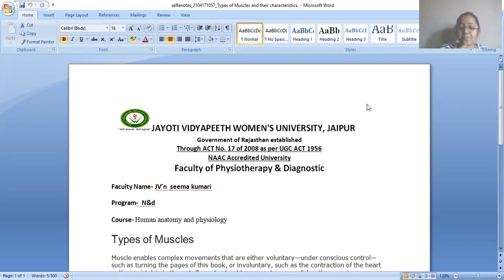Like I have said already in the muscle tissue chapter, muscles have the function of contraction and movement. The types of muscle enable complex movement that is either voluntary, under conscious control, such as turning the page of a book, or involuntary, such as contraction of the heart.